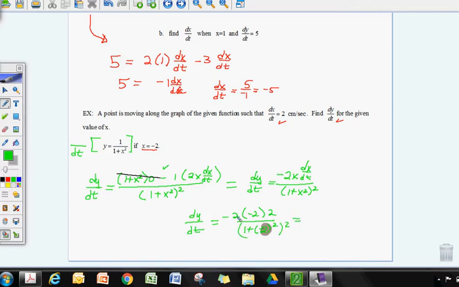So mathematically, -2 times -2 is 4, times 2 is +8, and on the bottom, 1 plus (-2) squared is 5, 5 squared is 25. That would be my dy/dt.